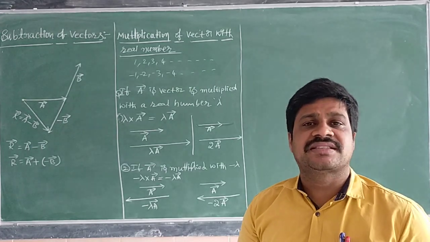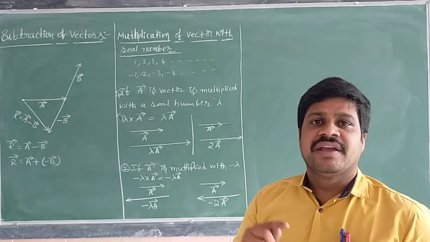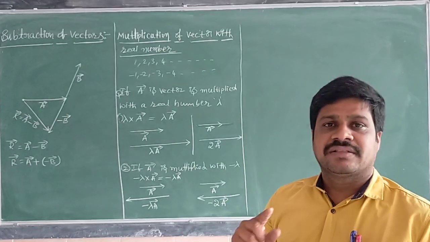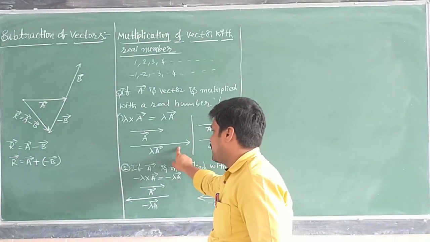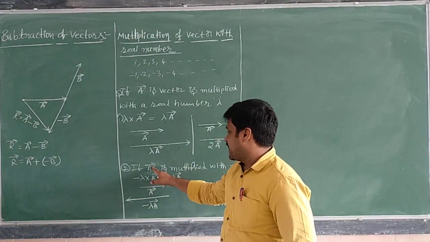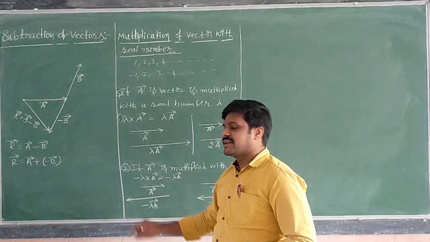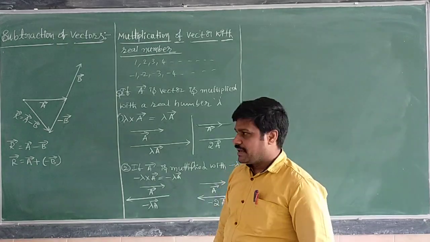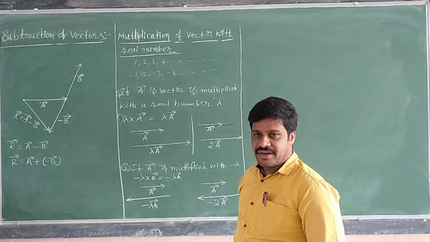Its direction depends upon the sign of the real number. If it is a positive real number, the direction of the initial vector is the same as that of the final. If the vector is multiplied with a negative real number, then the magnitude is increased by that real number times and the direction is opposite to the direction of the initial vector.